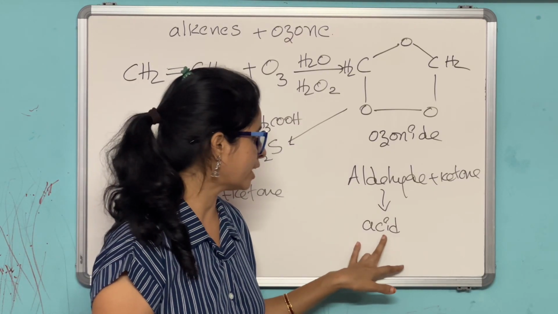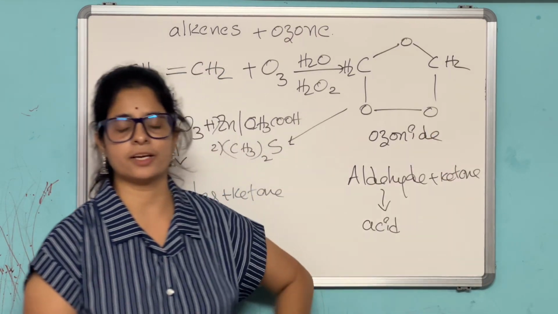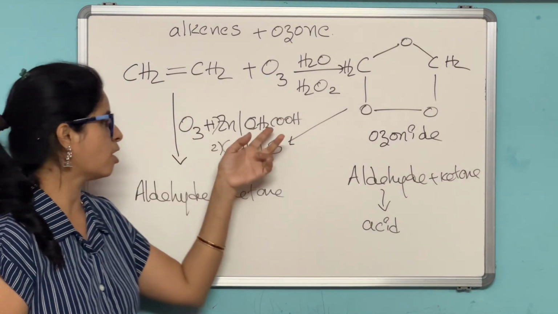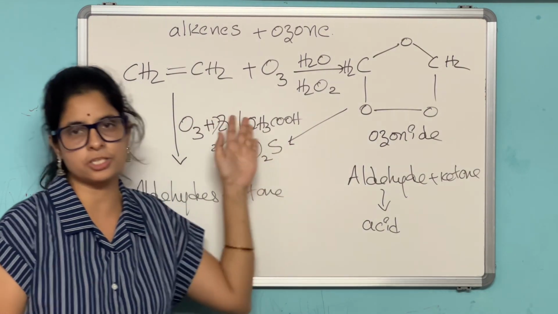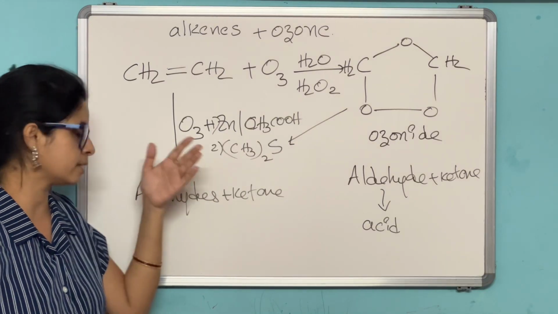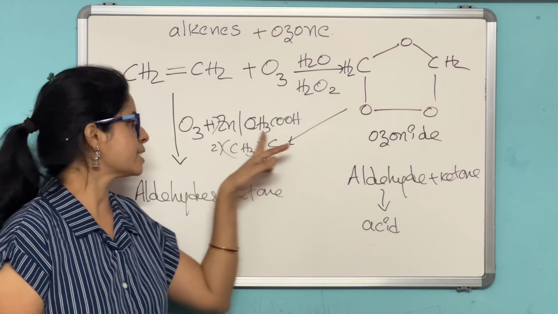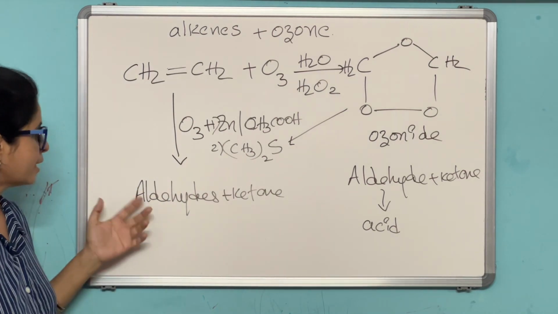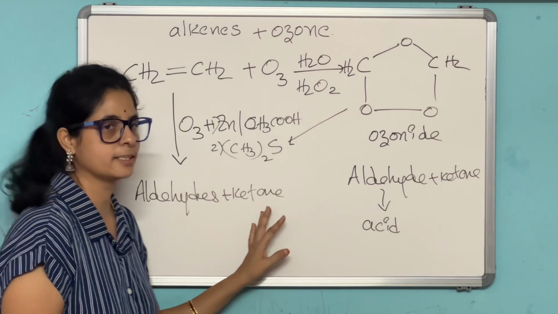So we get acid plus ketone under the oxidative conditions. And the second one, under reductive conditions, generally dimethyl sulfide, or zinc along with acid, generally acetic acid, the products are always aldehydes and ketones.